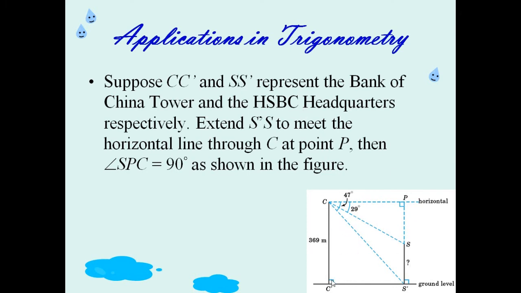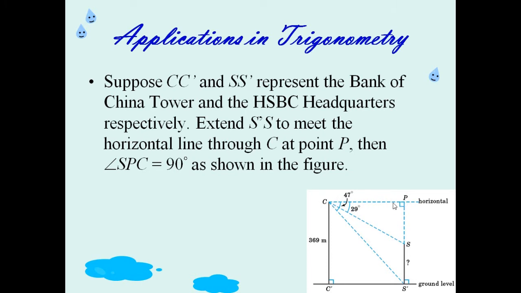Now, because every building must make a right angle with the ground, we draw two right angles, and you find this is a rectangle here. If you want to find the distance of this, you must know the distance of this first. To know this distance, you must use this right angle triangle. But to find this using this right angle triangle, you must get the length of CP.